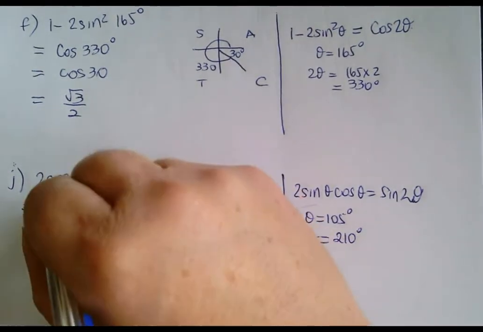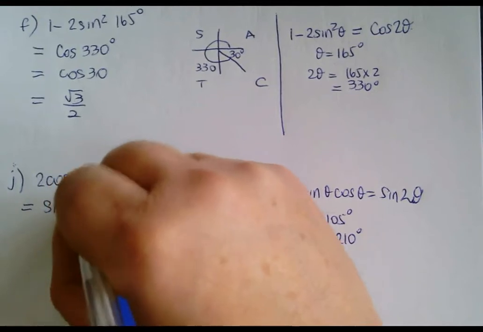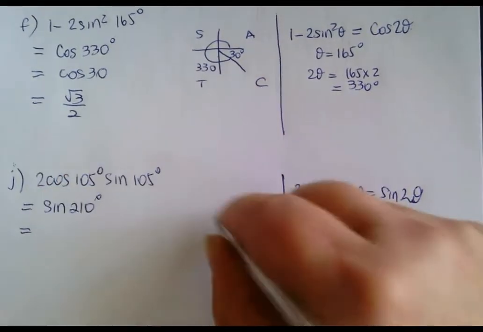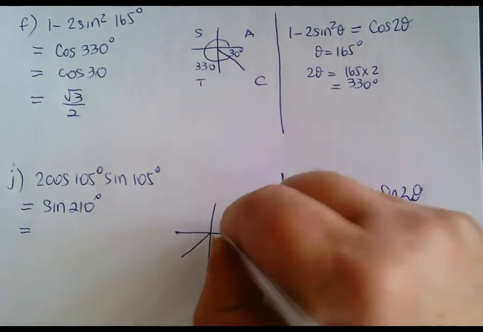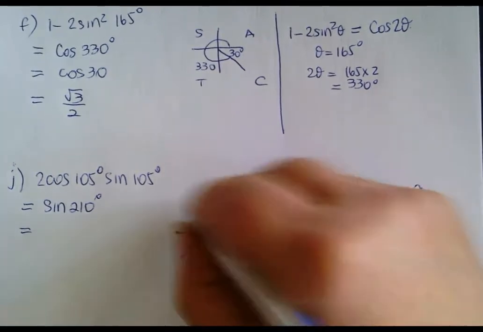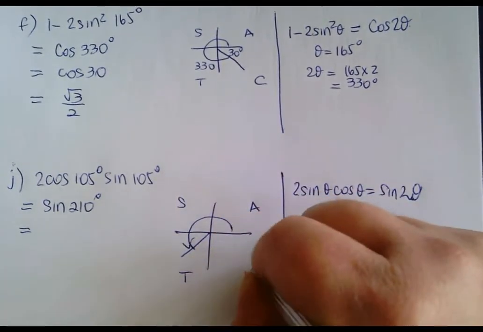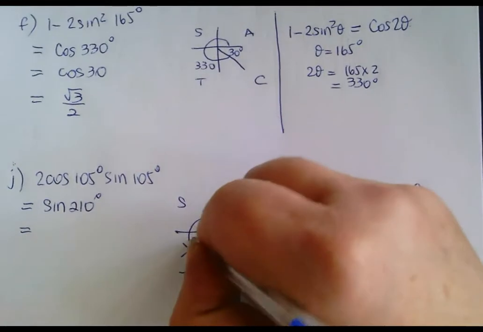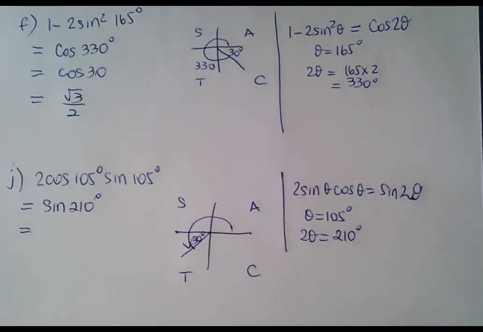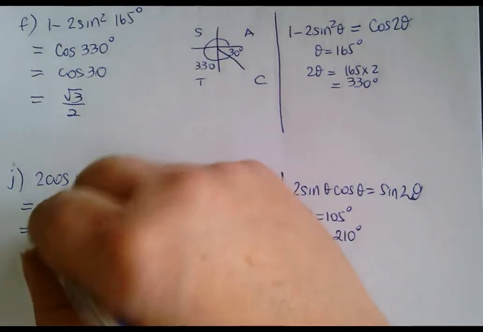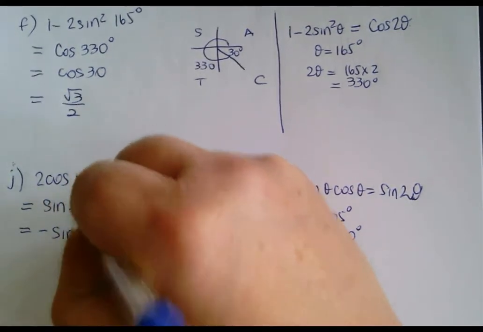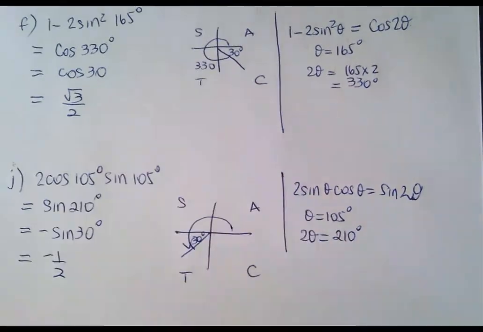So therefore that is equal to the sine of 210 degrees. All stations to central, well, 210 is in quadrant 3, 30 degrees into quadrant 3. Sine positive or negative? So it's negative sine of 30 degrees, which is negative a half.